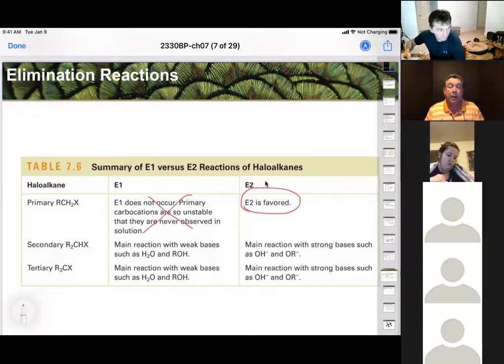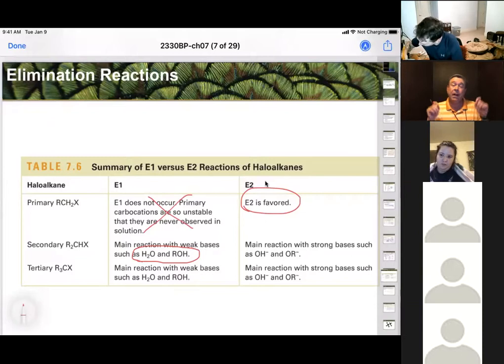Now, in the case of the secondary, it can react E1 if we have a weak base and a protic solvent. Notice that in this case, water and alcohol are not only a solvent, but they also act as weak bases. So if we had a secondary halide in water and alcohol, think of an E1 reaction where you're forming your carbocation and it's stabilized by that protic solvent.